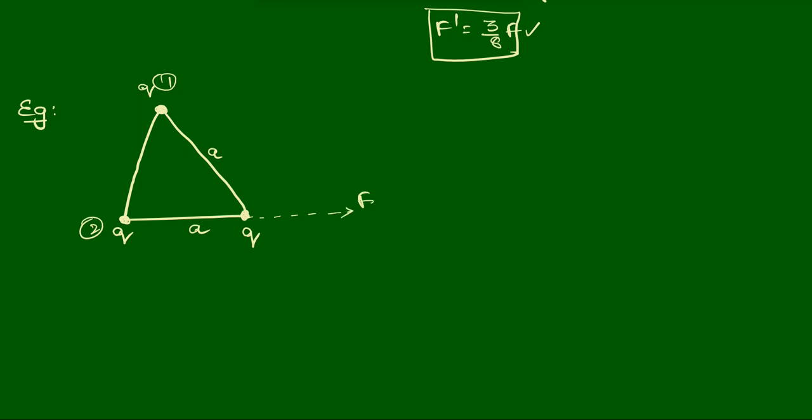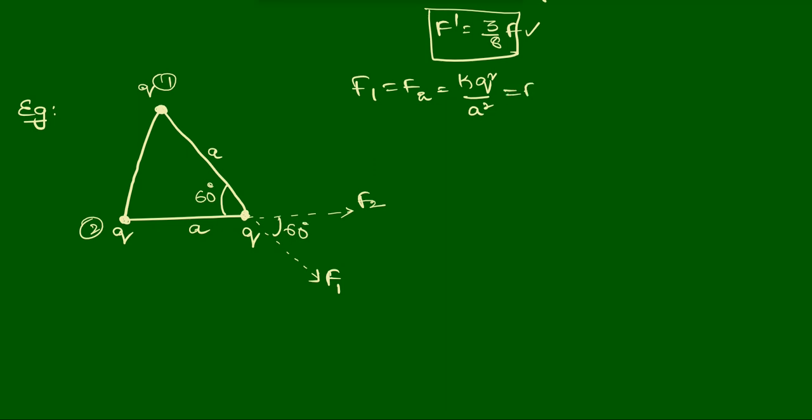As both are identical charges, the force due to 2 on 3 will be like this, and the force due to 1 on 3 will be like this. F1 and F2 have the same magnitude, which is kq² by a². As it is an equilateral triangle, this angle is 60 degrees, and this angle will also be 60 degrees.